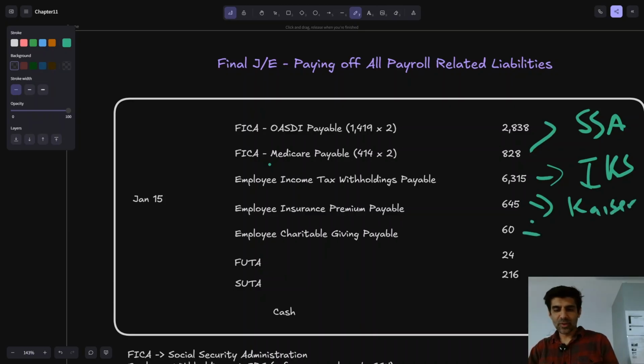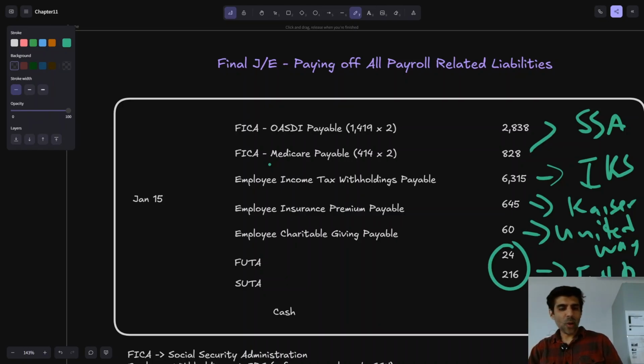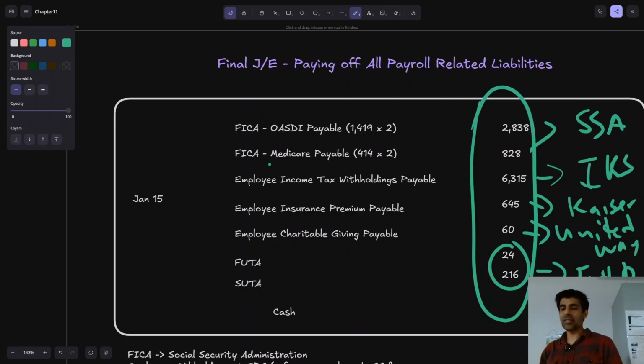This charitable giving, I think, is United Way. This is from the employee, United Way. This is going to EDD. Okay, so all this stuff is going to third parties. Okay, and then this cash is all taken out at once, but it's like 5 different checks that are written to different parties that are owed money.